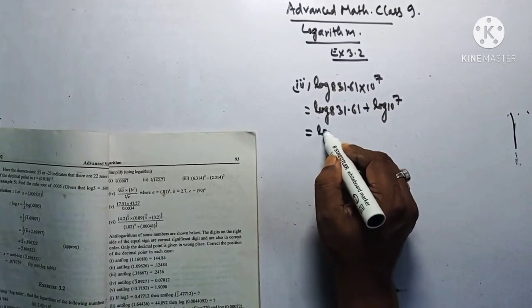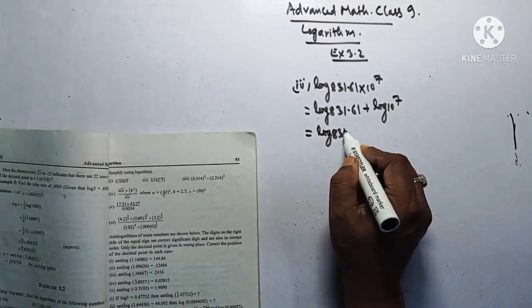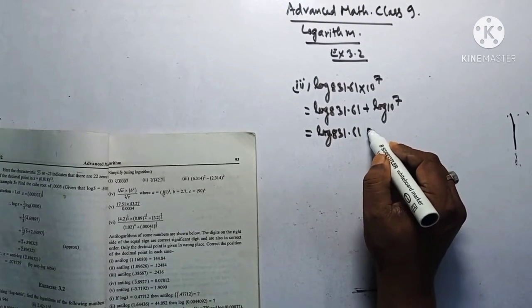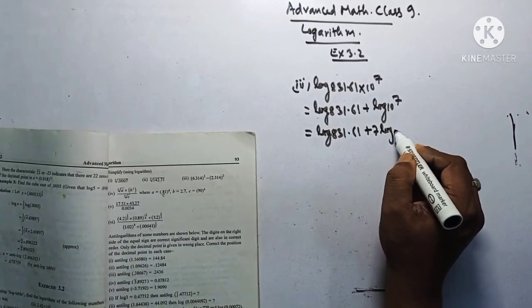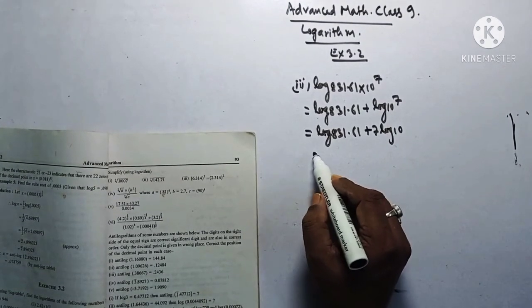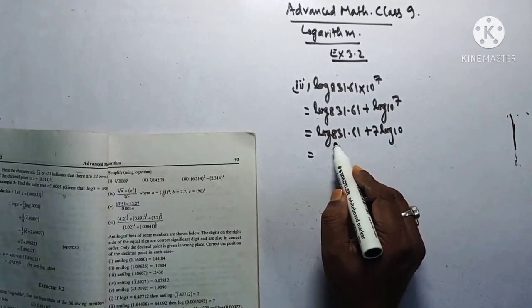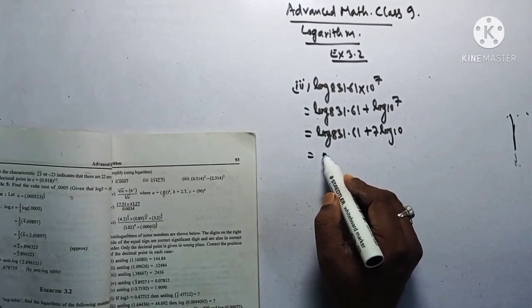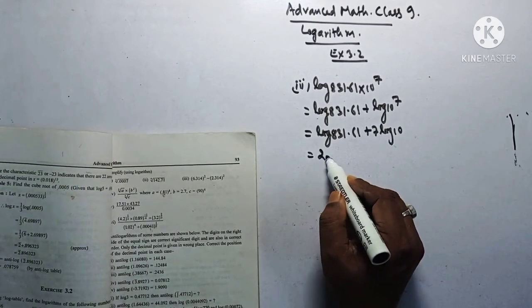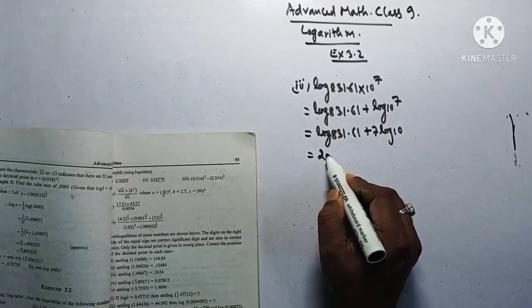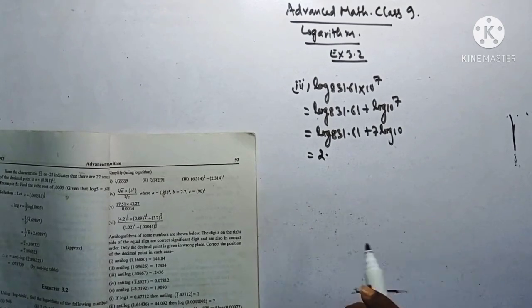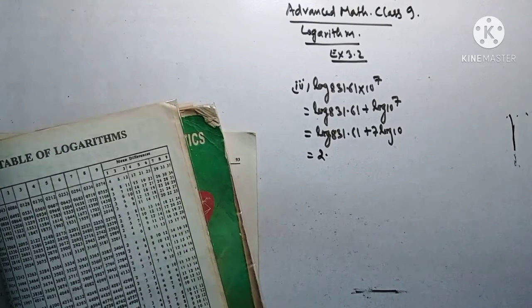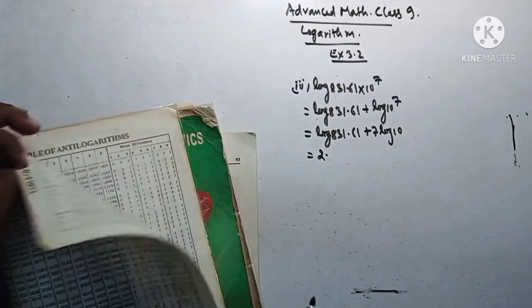So this will be log 831.61 plus 7 log 10. Before the decimal there are 3 digits, so 3 minus 1, your characteristic is 2, then decimal. Now you have to take the help of the log table, that is 83 and 1.